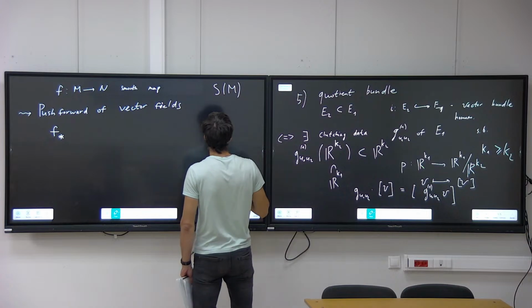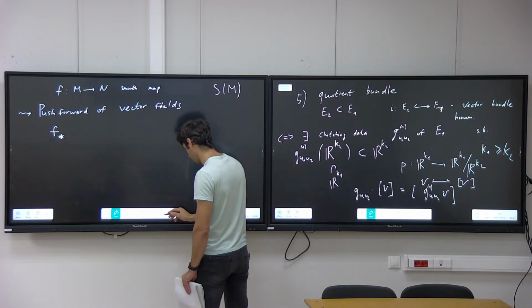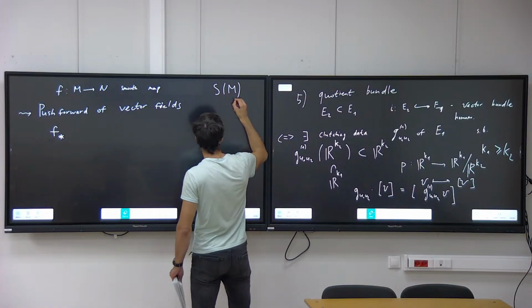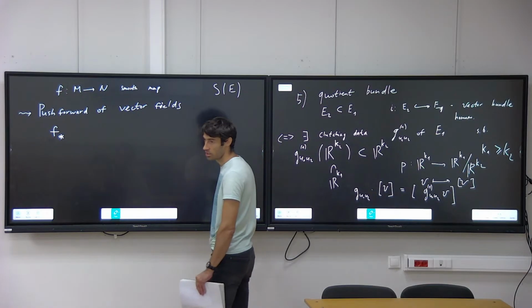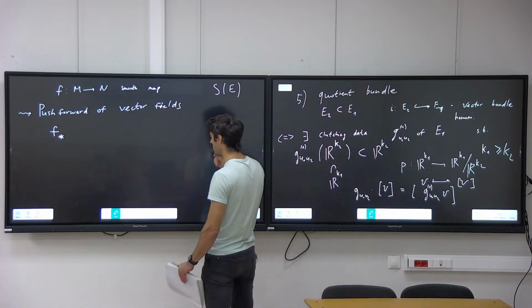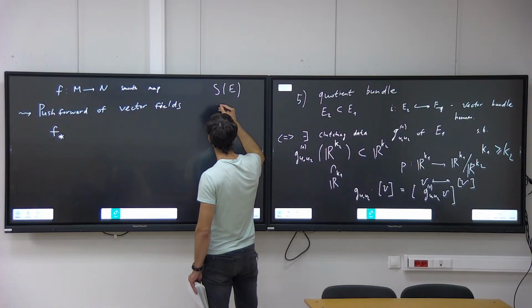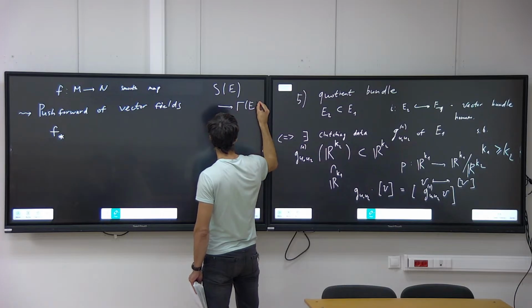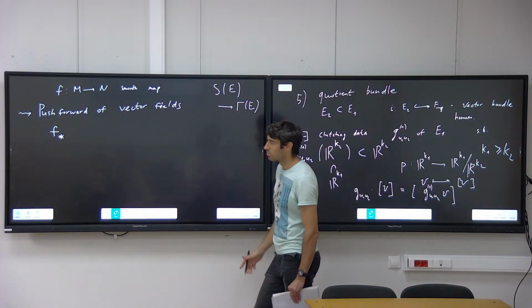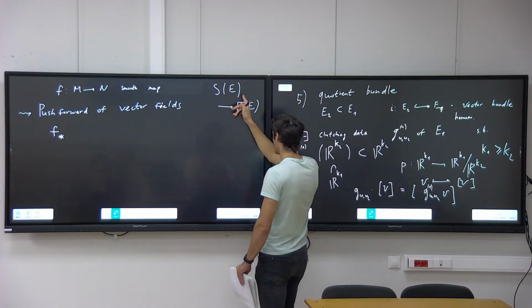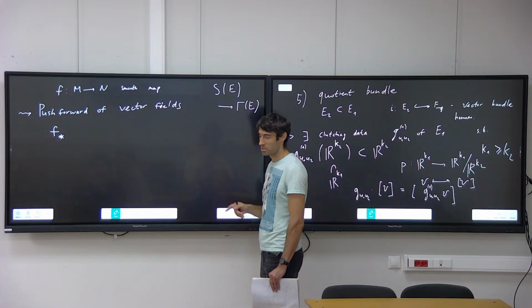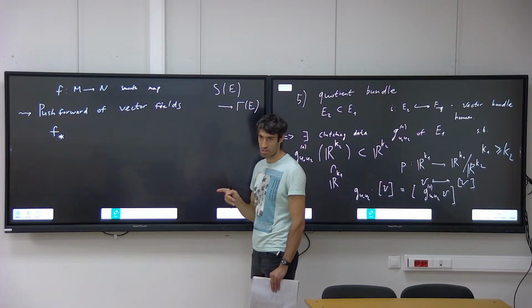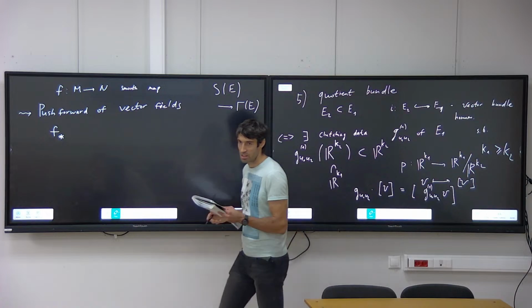Maybe not like this, but I need a vector bundle here. For some reason, I would like to switch to gamma. This might be confused with symmetric power, so I don't want to use it. Gamma is a common notation for sections of a vector bundle.